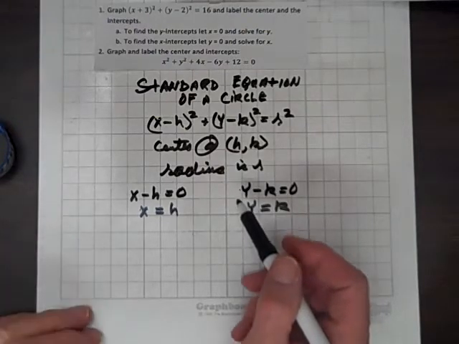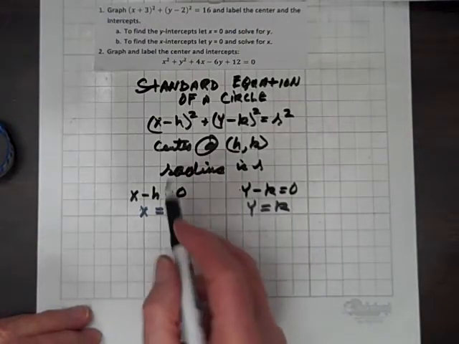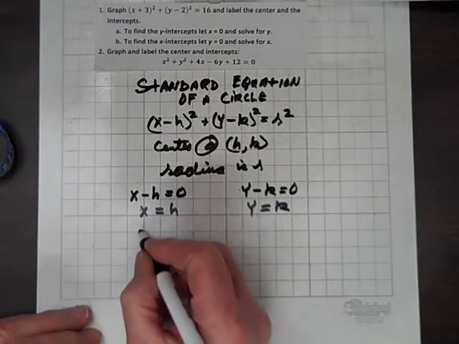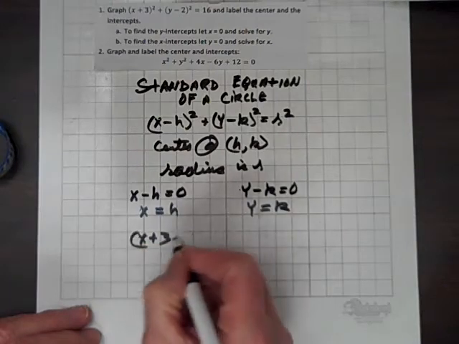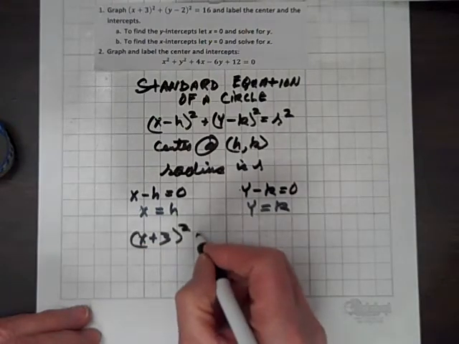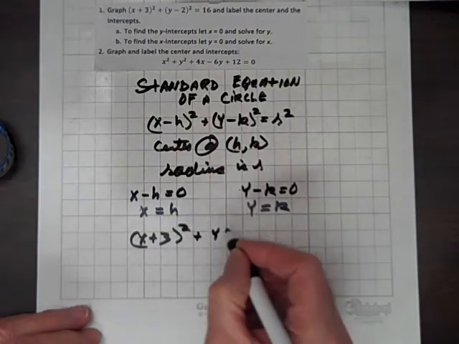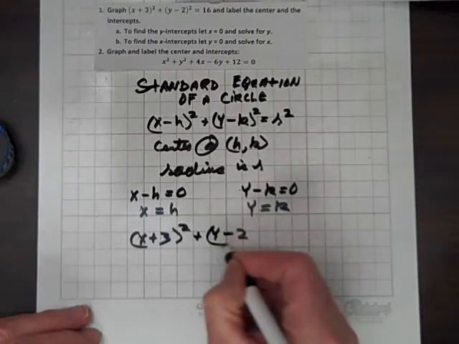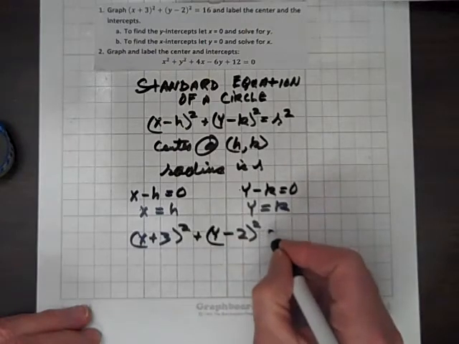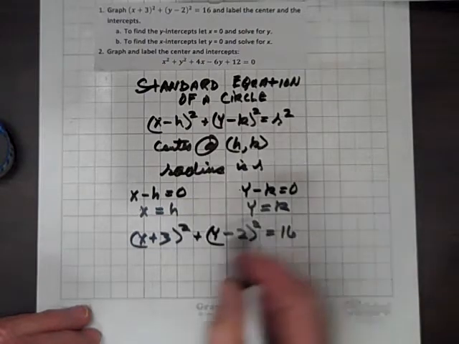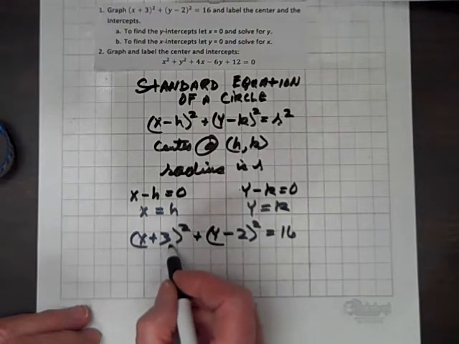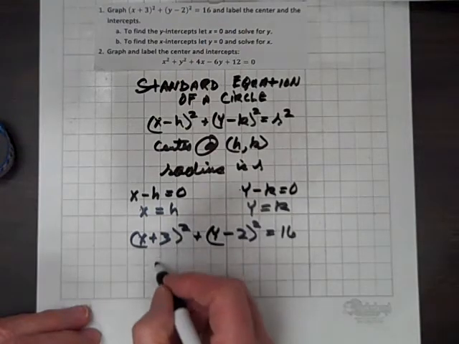Well, with that in mind, let's analyze the given equation, (x + 3)² + (y − 2)² = 16. What value of x takes this expression to 0? Let's find out.